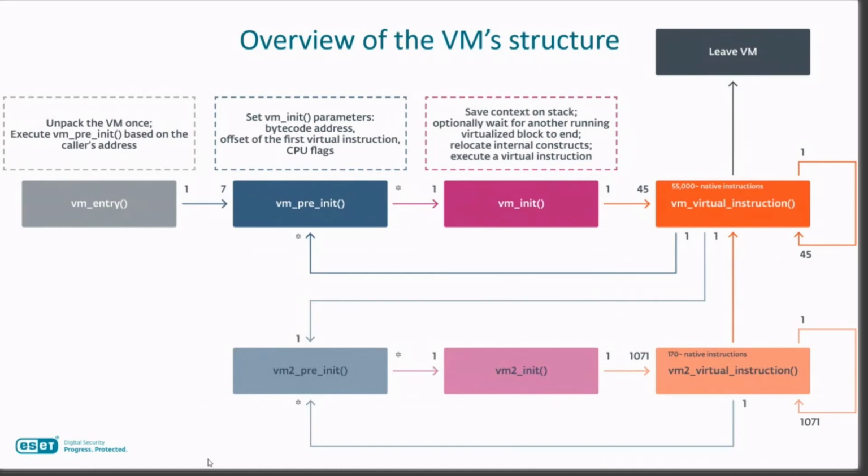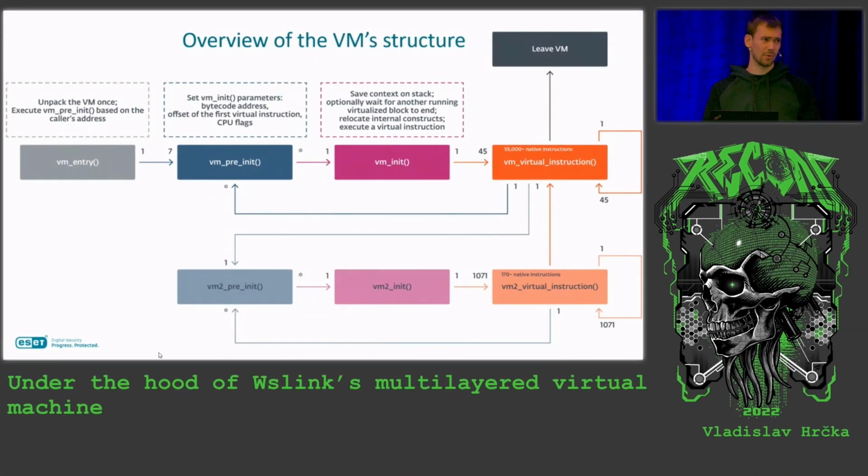The VM entry unpacks the VM, which is in a separate section, and when the VM is unpacked once, it directly executes it and then decides which VM preinit will be executed based on the caller's address.